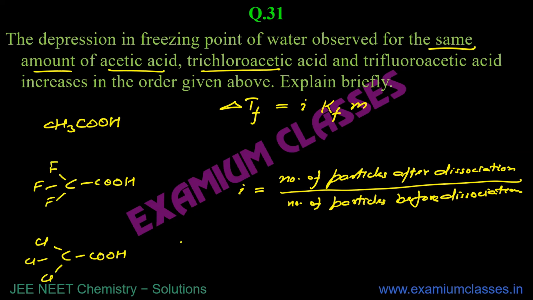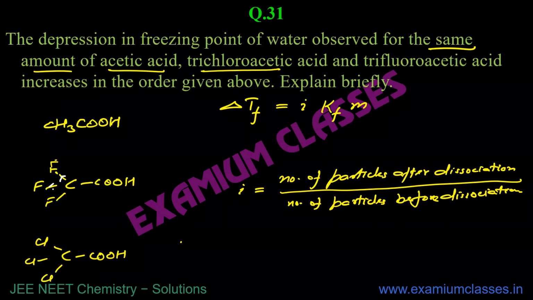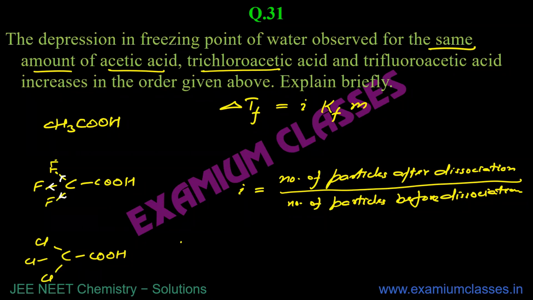So how do I define the acidic character? I define it on the basis of electron withdrawing group or electron donating group, if few of you can recall from your 11th grade. Fluorine is a strong electron withdrawing group, highly electronegative, the most electronegative element in the periodic table. So this will pull the electron density towards itself. All these three will pull electron density from this carbon.